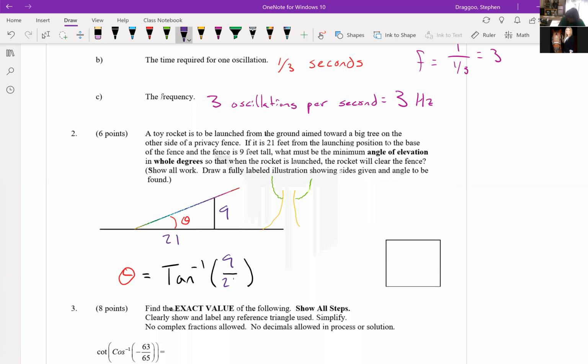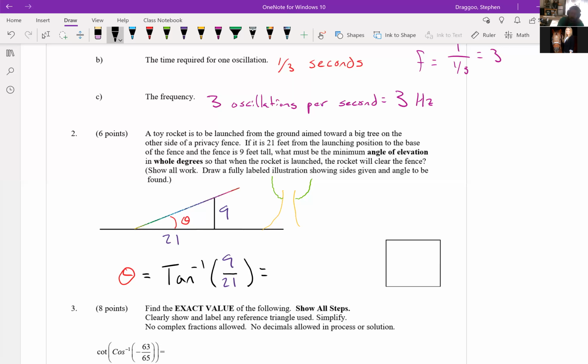Nine divided by 21. There we go. We'll color code it. And we should get a number here, which means going to the internet for me, or a graphing calculator for you, or the internet if you want. You can use an internet calculator.